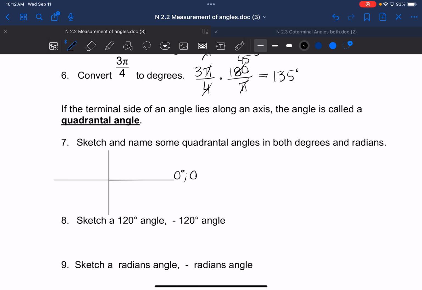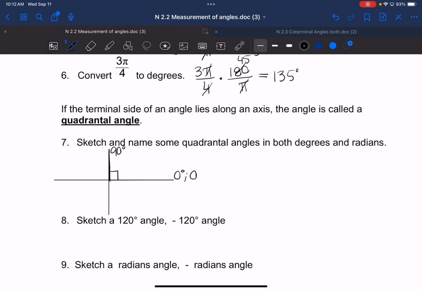Okay. The next axis we would come to would be this one here. If I go from here to here, how many degrees have I traveled? 90. All right, from 0 to that vertical line is 90 degrees.